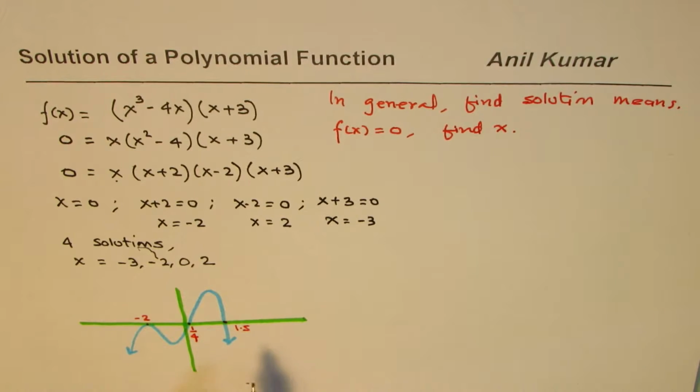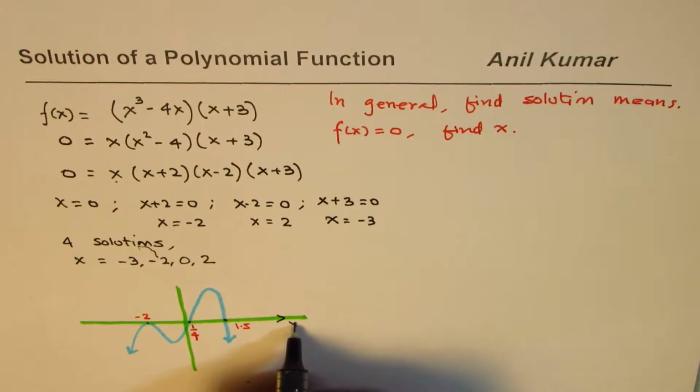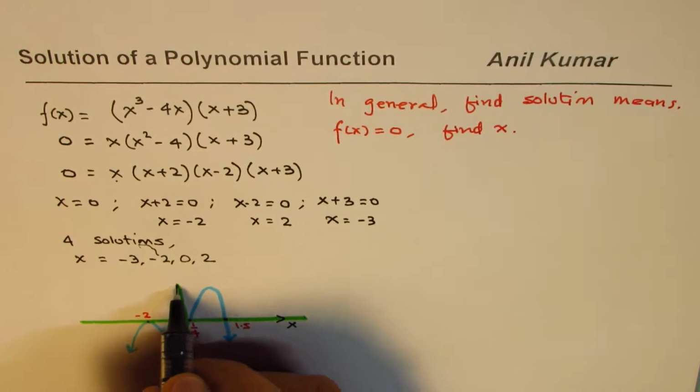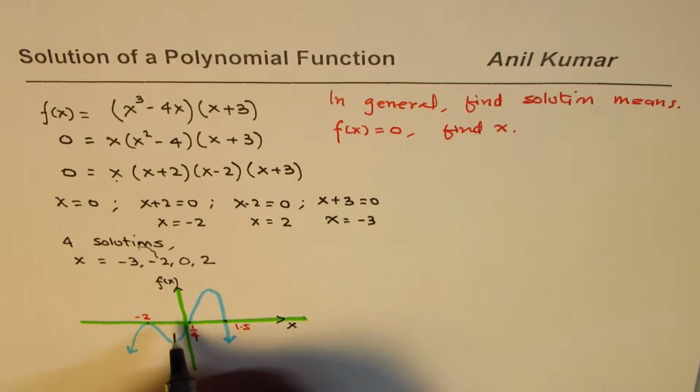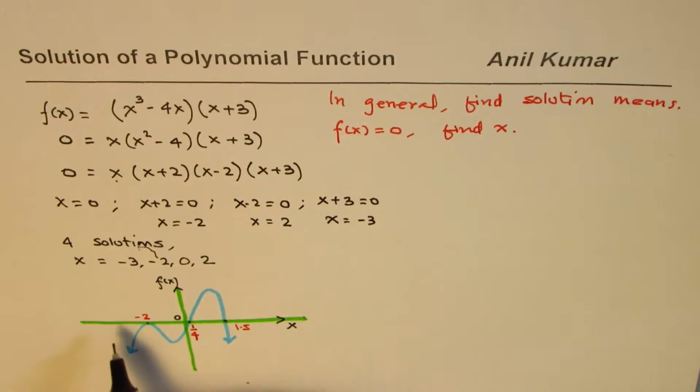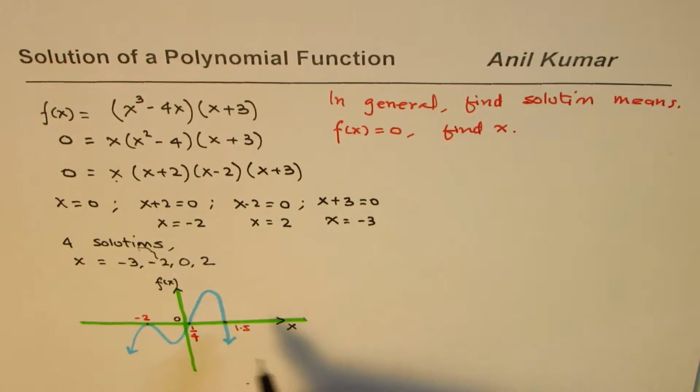Now when I say find the solution from the graph, in this particular graph x, the independent variable, will always be along the x-axis, and the function f of x or y is along the y-axis.